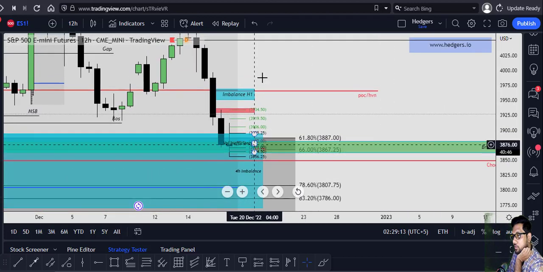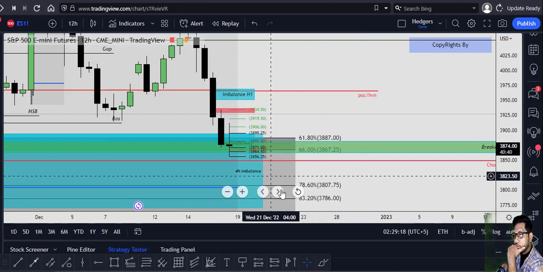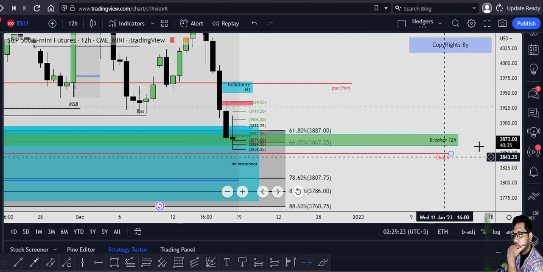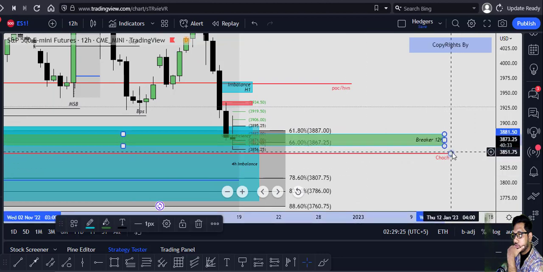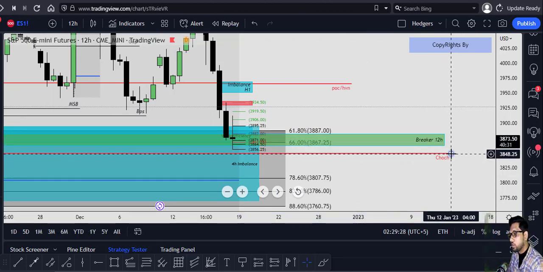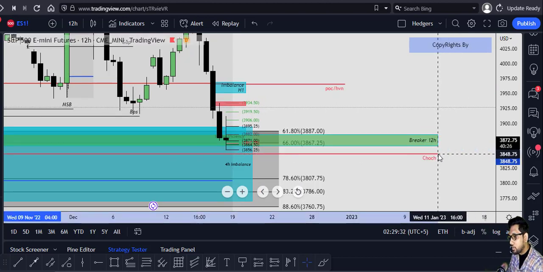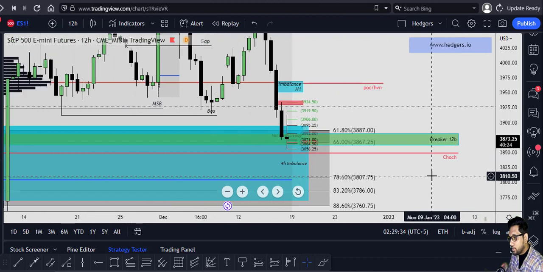Probably the Monday open can be a gap up, possibly. So this is all based on Monday. If we see the Monday dollar open to the downside, then our target can hit on ES mini.